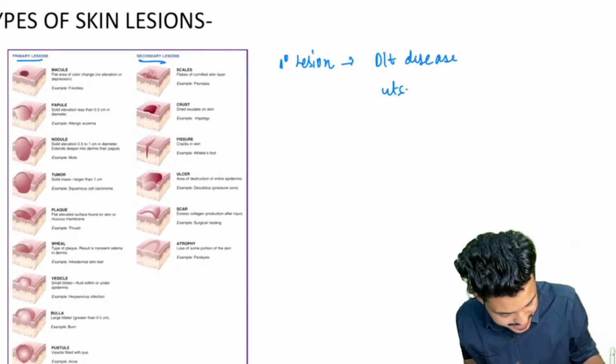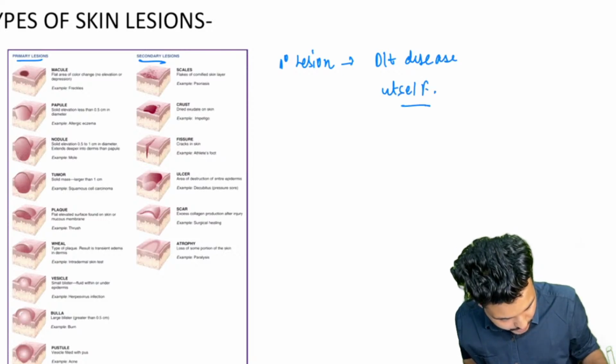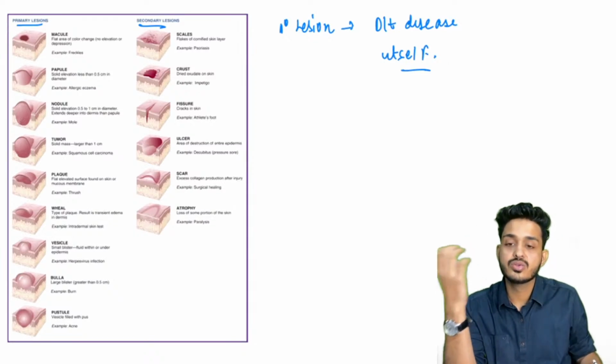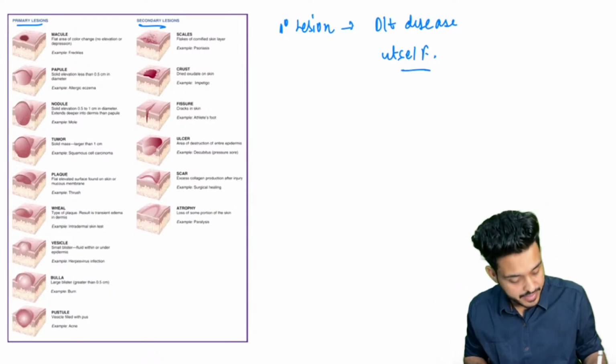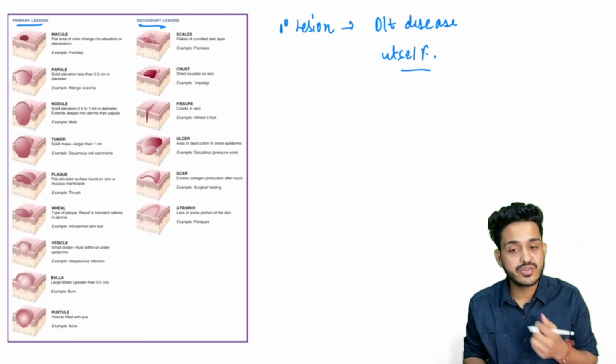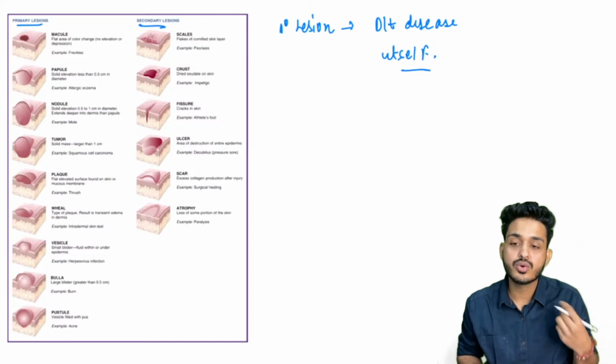Secondary lesions are those lesions which are basically primary lesions but they are not adequately treated, or they can be due to trauma.